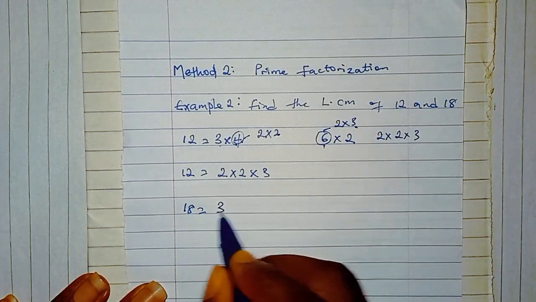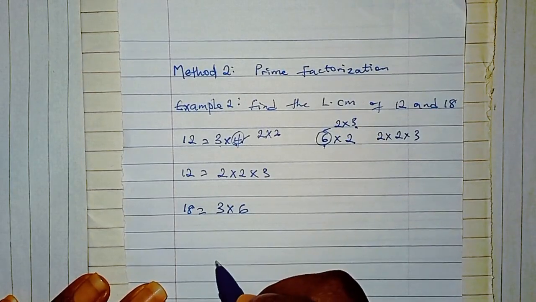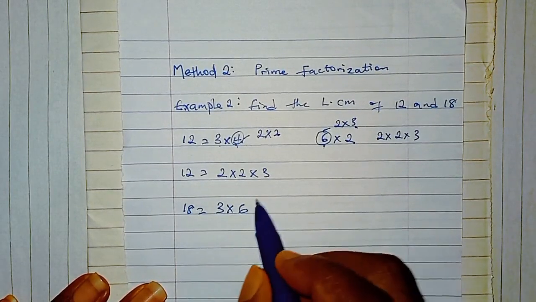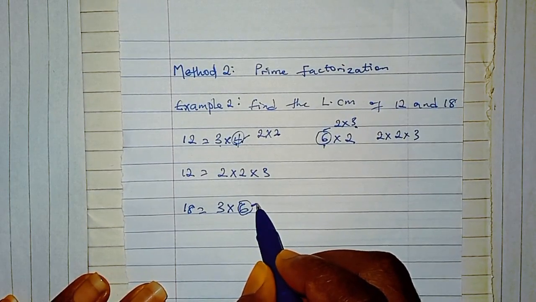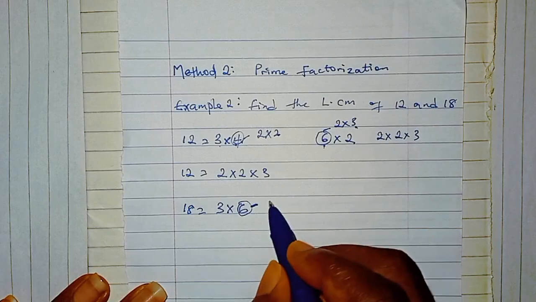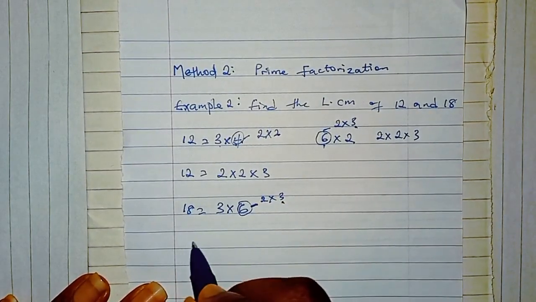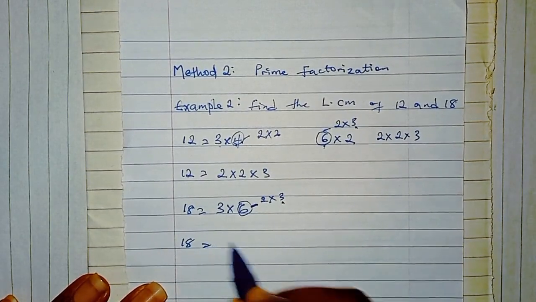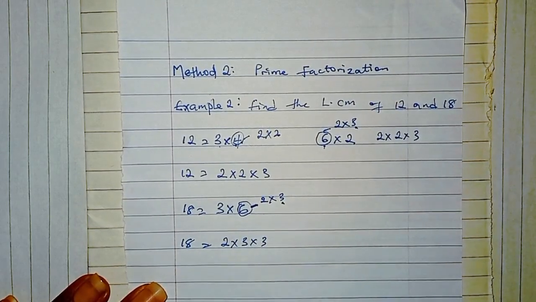We have 3 times 6. Now, 6 is not a prime number. So we are going to break 6 down into its prime factors, which will give us 2 times 3. So for 18, we now have 2 times 3 times 3.